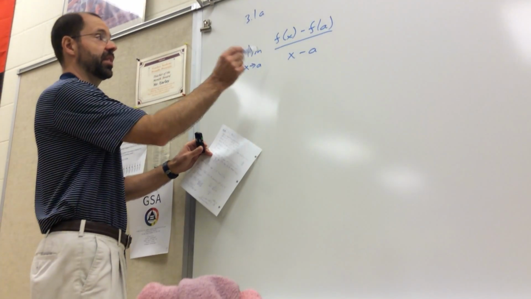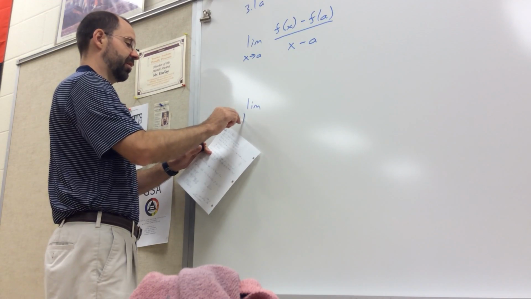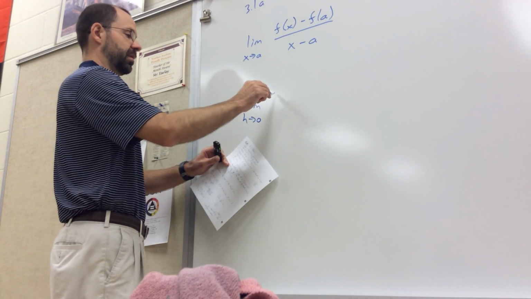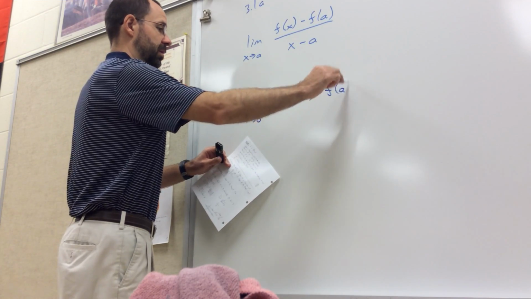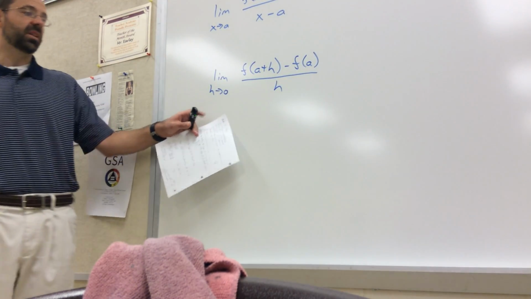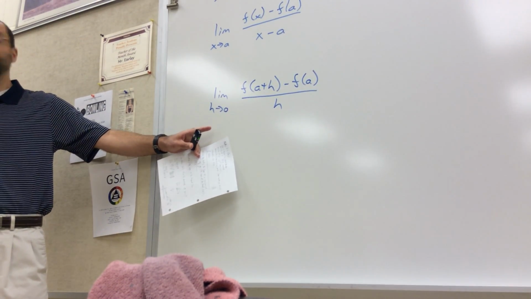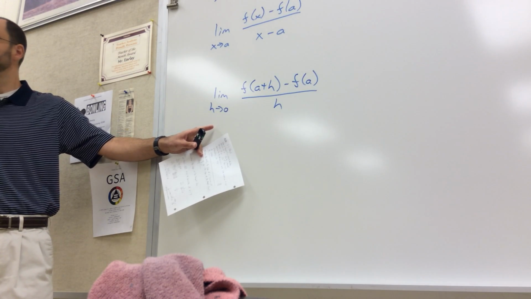Okay, there's another formula that works just like this one. So I want to give you that formula as well, because sometimes this one is used. That's the limit as h goes to 0 of f of a plus h minus f of a all over h.